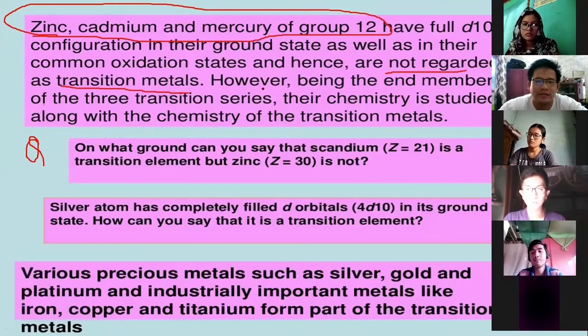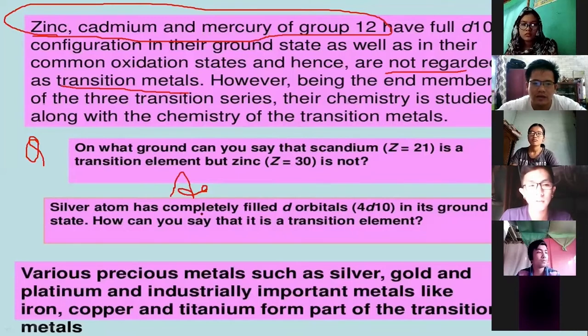Silver atom has a completely filled 4d10 configuration, and it belongs to the fifth period. How many electrons are you going to remove to form the silver ion? You are going to remove 2 electrons.